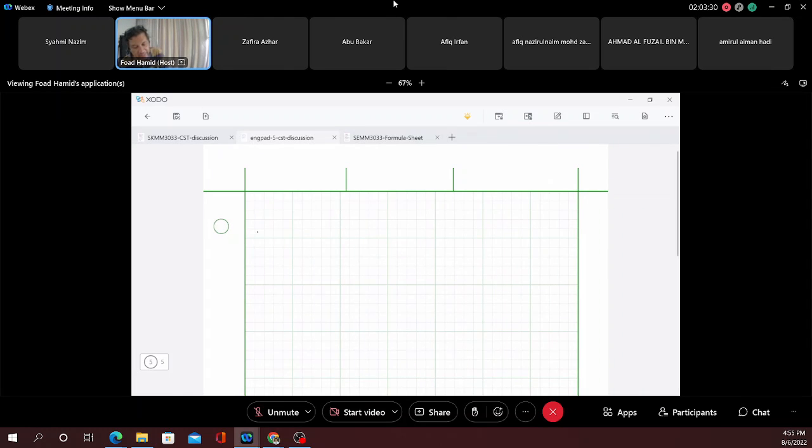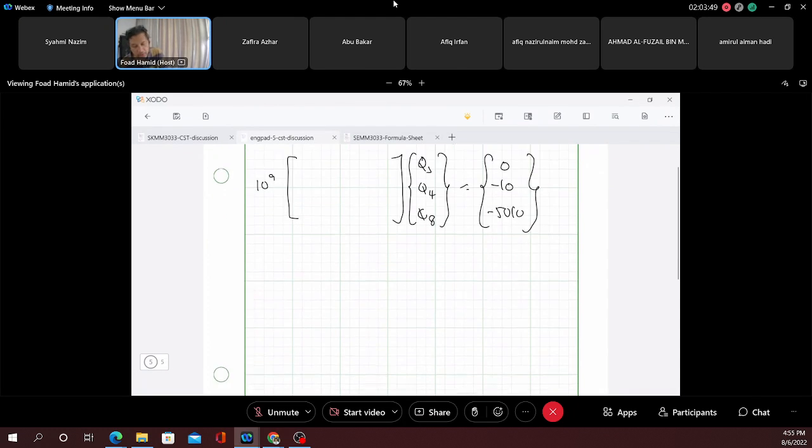So of course, this is our global K matrix. This is our degrees of freedom, Q3, Q4, and Q8, and equal to our force vector, which is 0, minus 10, and minus 5010. And of course, you can solve for Q3, Q4, and Q8. This is from using your calculator.